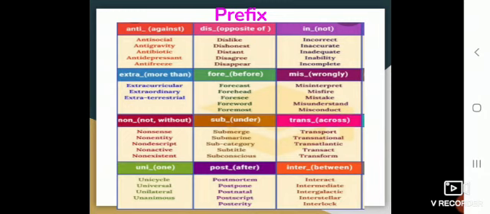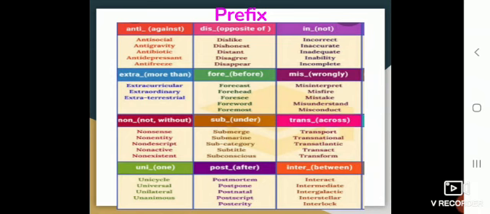And by adding anti to the root word gravity, it becomes anti-gravity, etc. When we use dis with a root word, it becomes dislike, dishonest, distance, etc. Here we have more prefixes like in, extra, for, mis, non, sub, trans, inter, etc. We can use these prefixes as per our requirements, and make many words by using these prefixes.